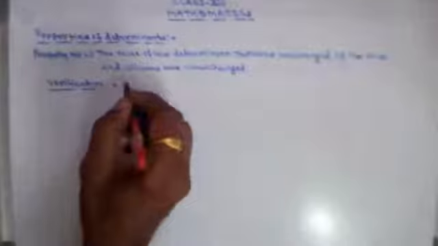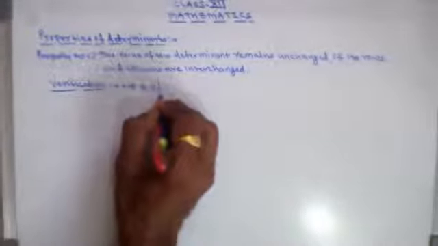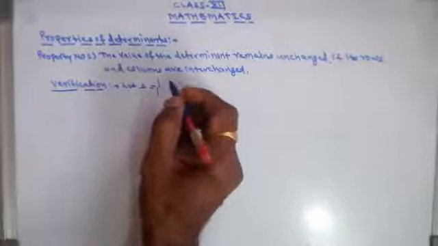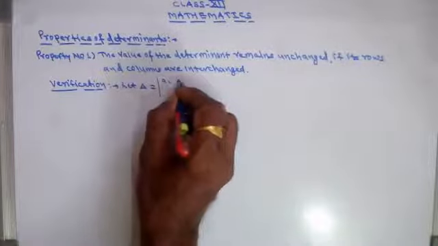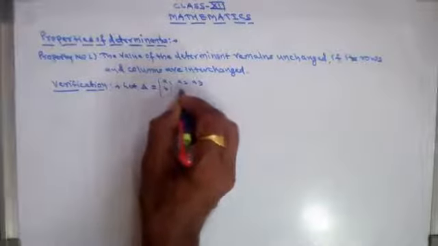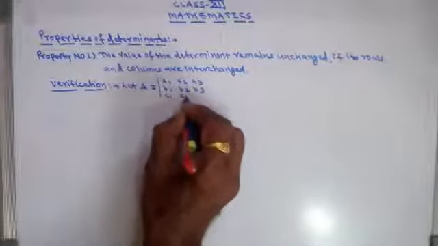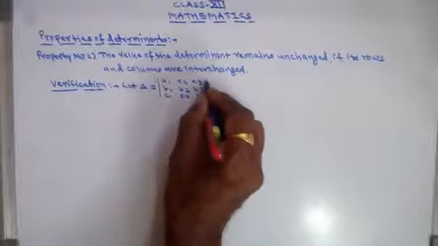Consider, or let delta equal to one determinant: A1, A2, A3, B1, B2, B3, C1, C2 and C3.